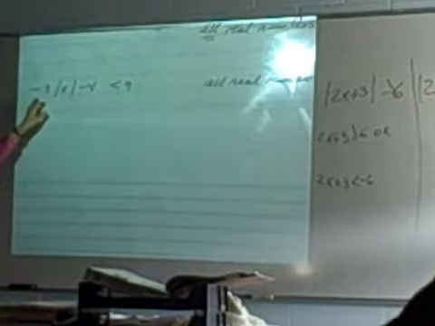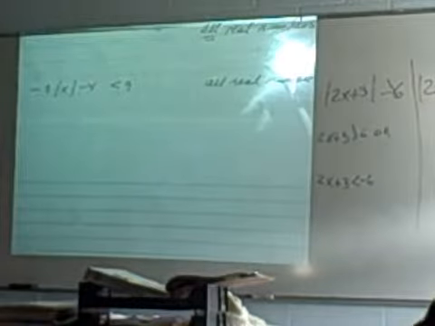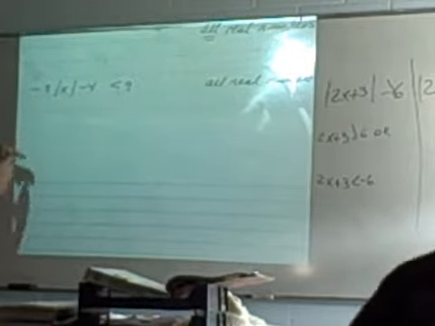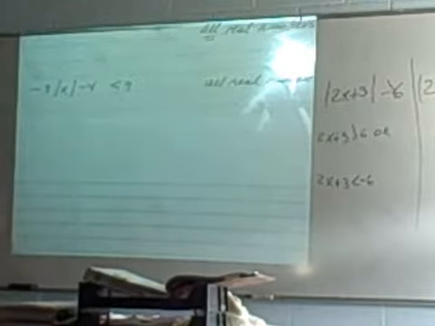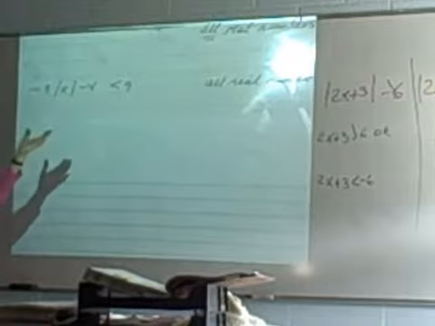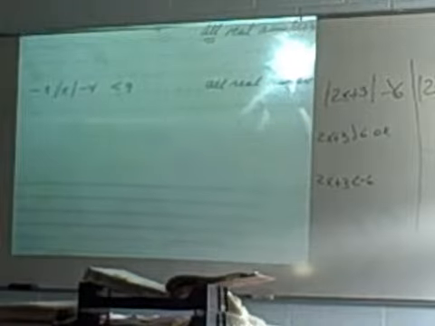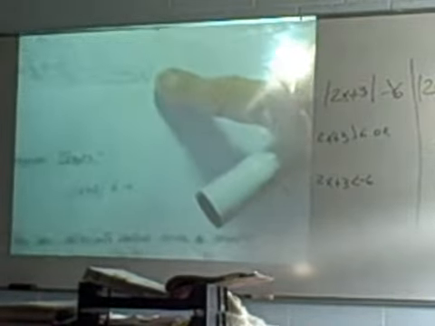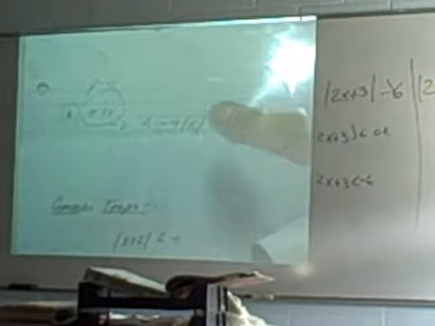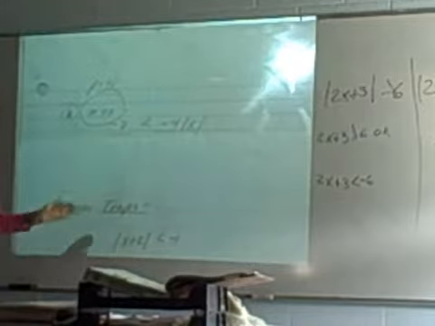Why was the solution all the real numbers here? Because whatever is coming in here, in this particular problem, would be less than 9. But in the problem that I just gave you, we're saying that this quantity is actually going to be less than that, and we were able to solve it.